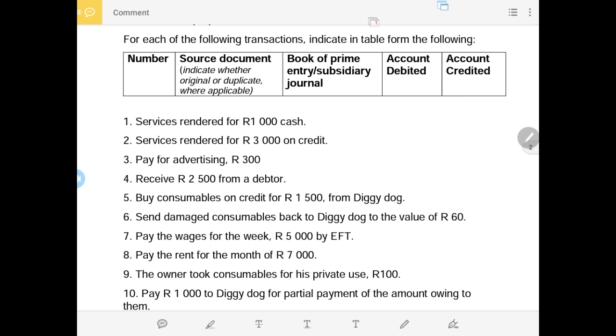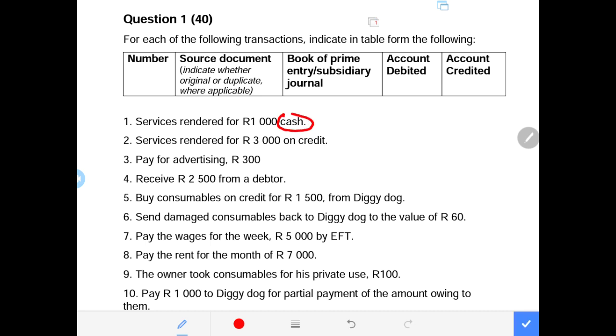then after, record accordingly. It says services rendered for 1,000 Rand cash. The minute the services rendered, or anything that we have done, is for cash, we already know that under the book of prime entry, we also have what is called the cash receipt journal. If we received money, that will affect our cash receipt journal.